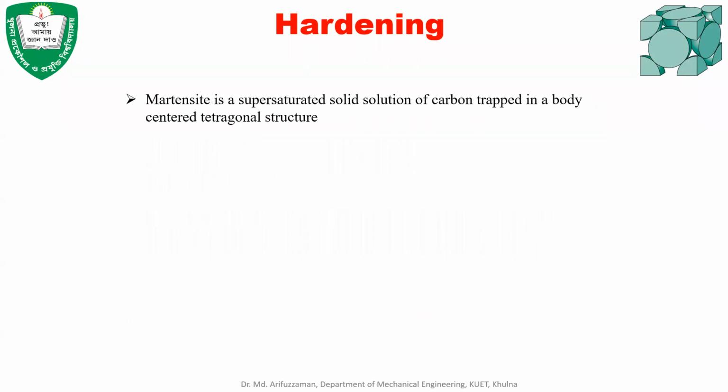The whole purpose of hardening is to obtain martensitic structure. Martensite is basically a supersaturated solid solution of carbon trapped in a body-centered tetragonal structure.